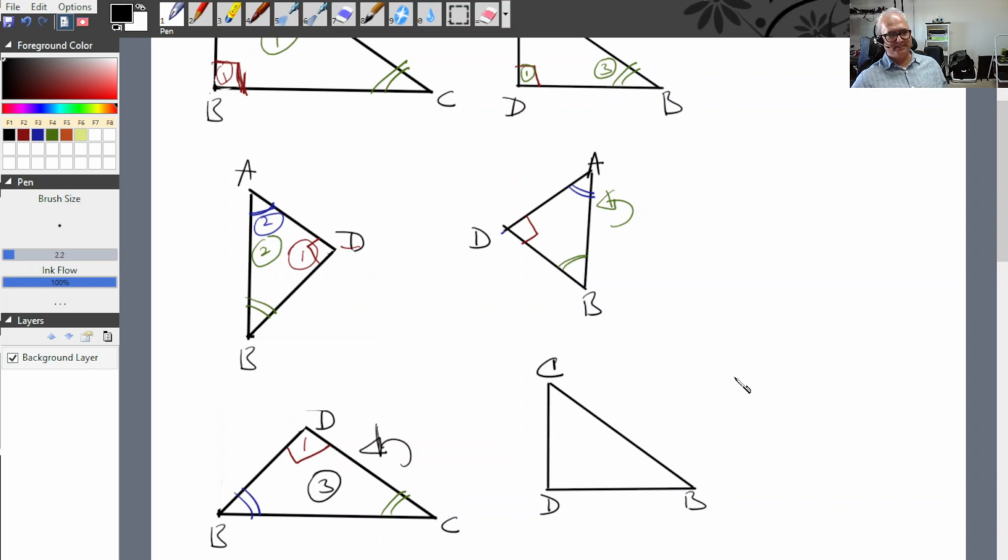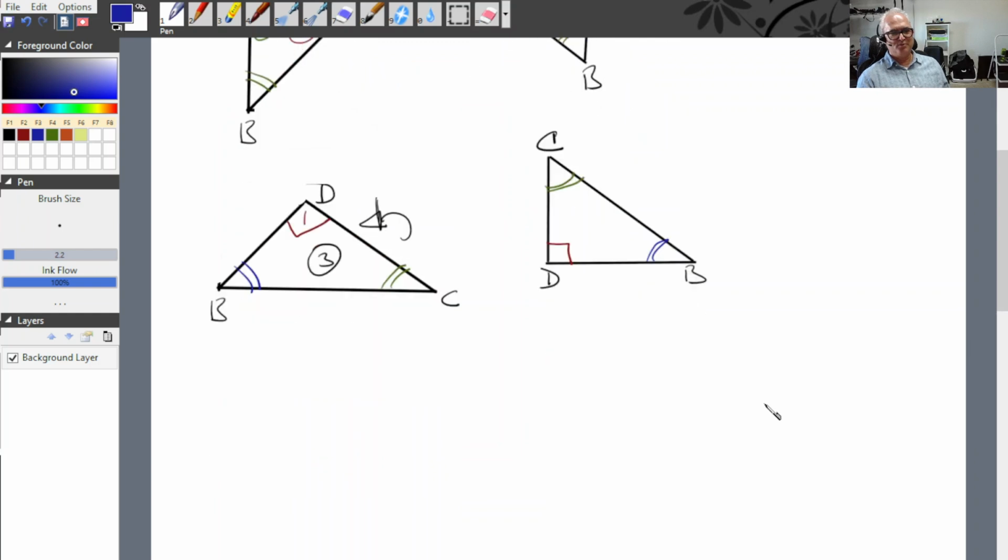So when I flip it, my goal is to bring C here. And let me draw the angles so that we don't lose sight of them. Okay. So now, as I promised you, I'm going very slow.